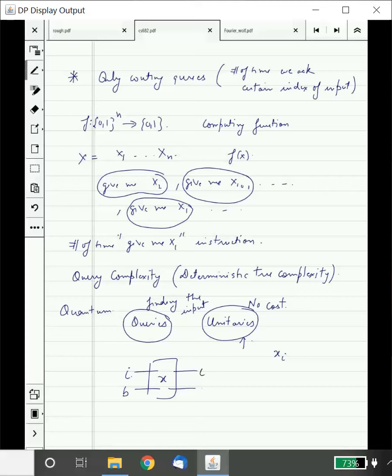Then the value is computed in the workspace. This oracle is also sometimes called O of x. The action of O of x on |i, b> is |i, b ⊕ xi>. This is how I define a quantum oracle.